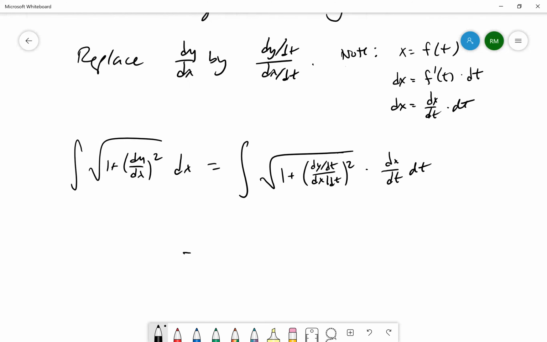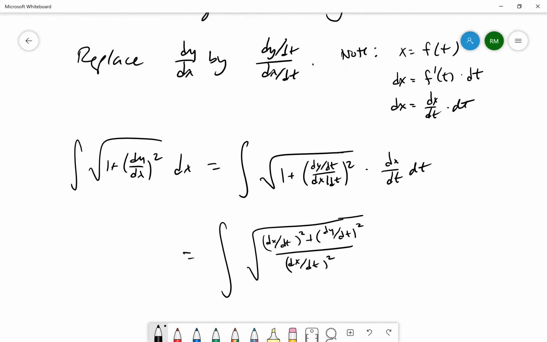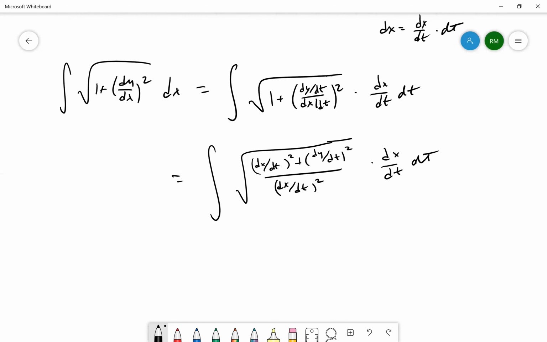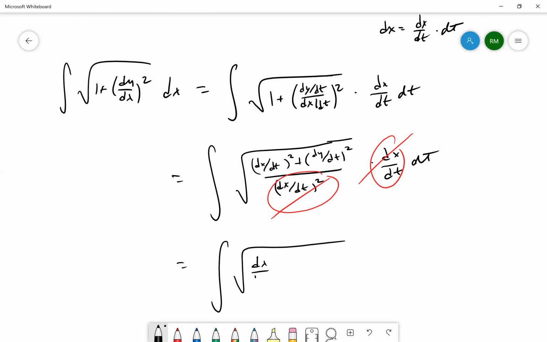We can do a little algebra. And we see this part's inside the square root, and it will cancel out with this piece because the other piece is outside the square root. And so what we're getting is the integral of the square root of the derivative of x with respect to t squared plus the derivative of y with respect to t squared, dt.